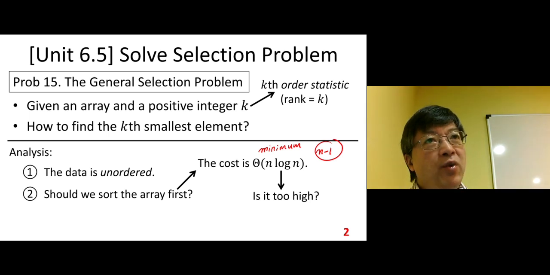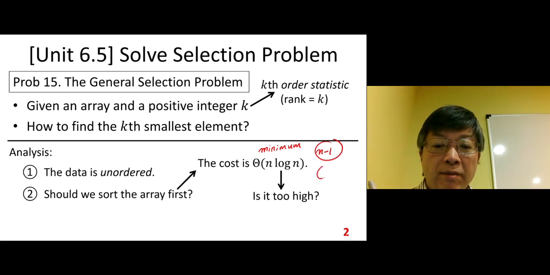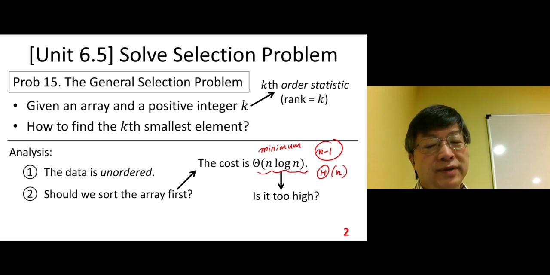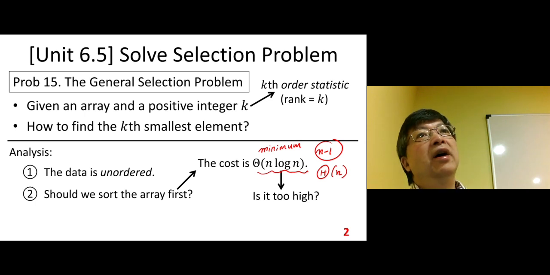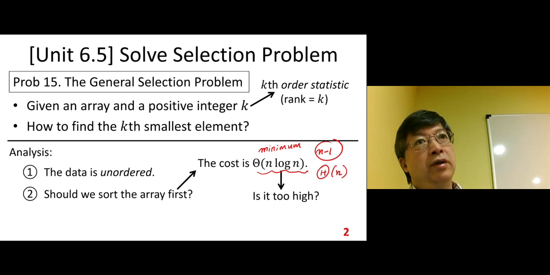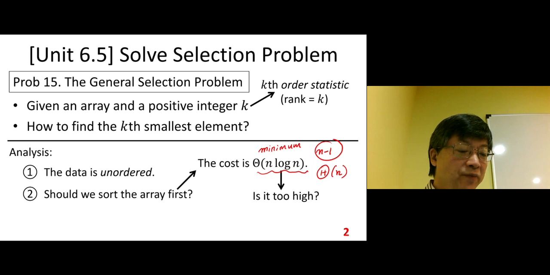So the cost we like to pay is big theta of n, not big theta of n log n. That's a lot of improvement. So that's why we need to find a different solution. The solution should not be based on any sort.